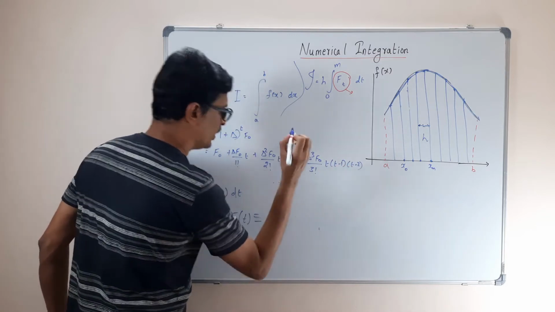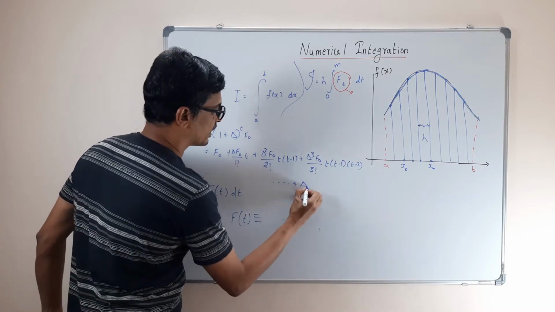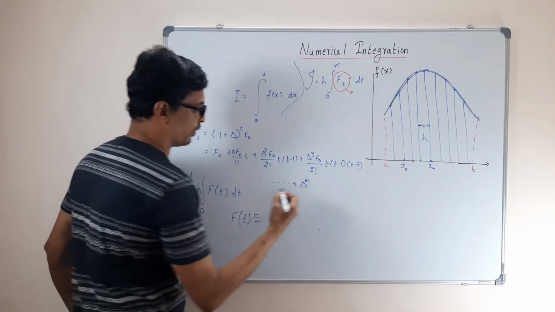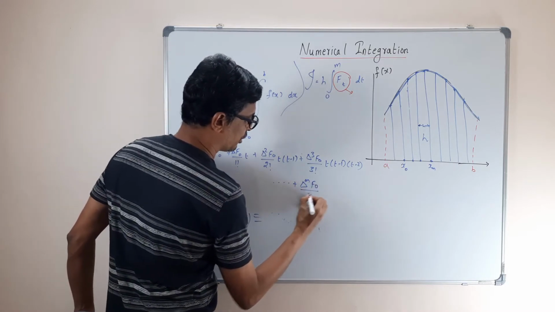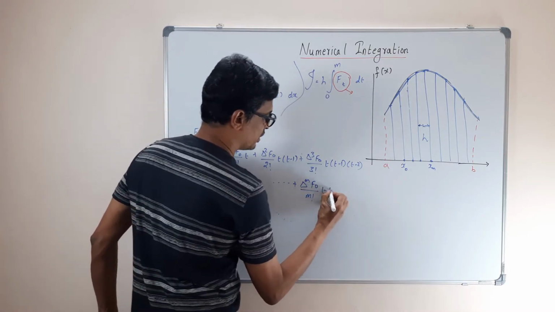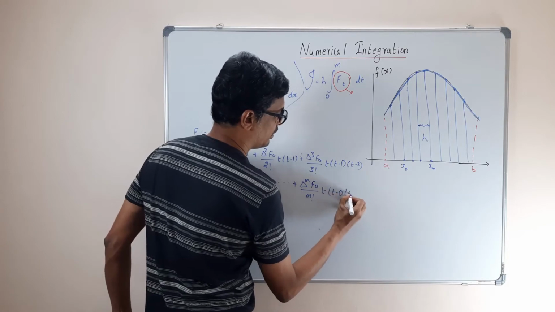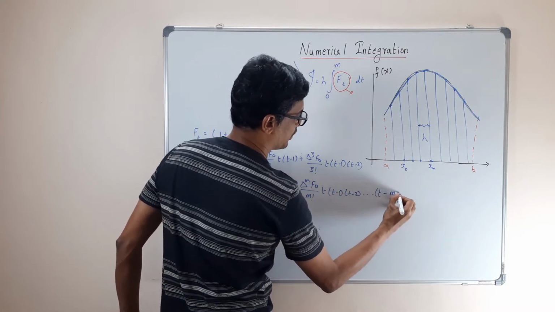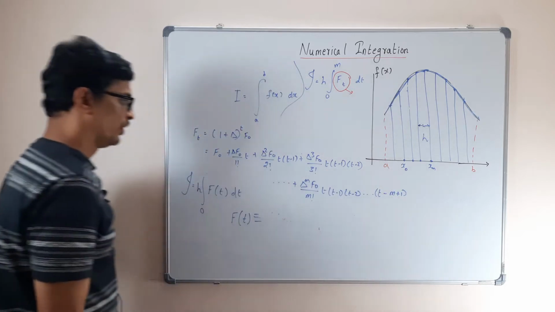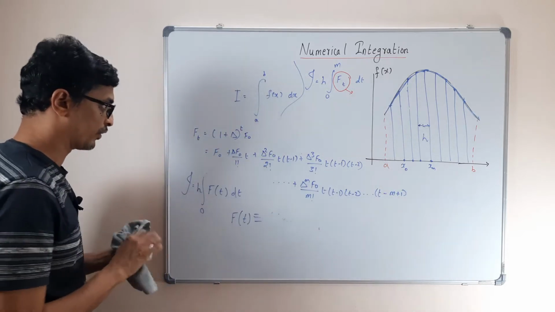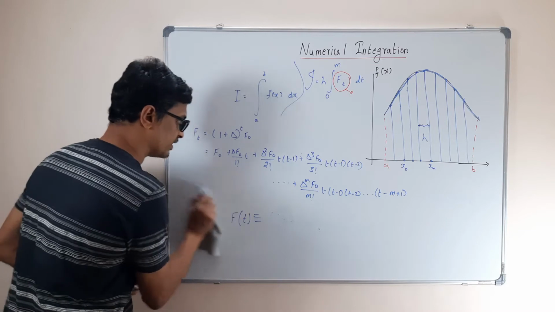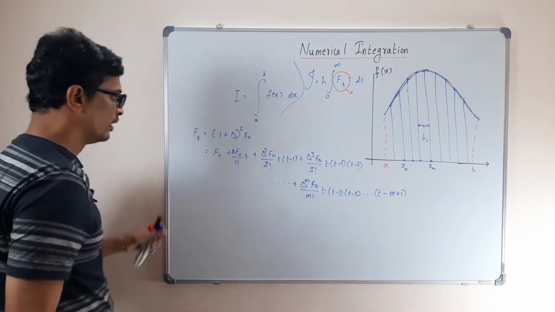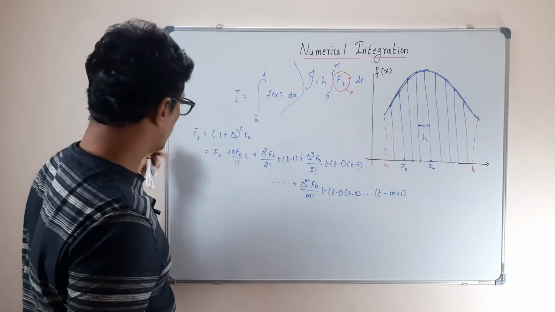So we go similarly up to plus delta power m, because we are having only up to m, f0 divided by m factorial, t into t minus 1, t minus 2, up to t minus m plus 1. This we saw in our earlier class also. So this is how we got it, and now we can see this is what we want.